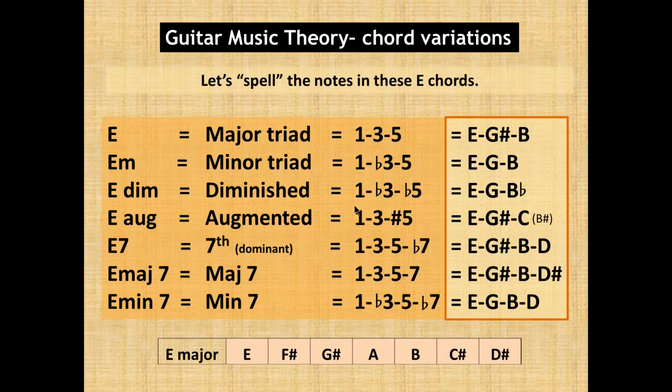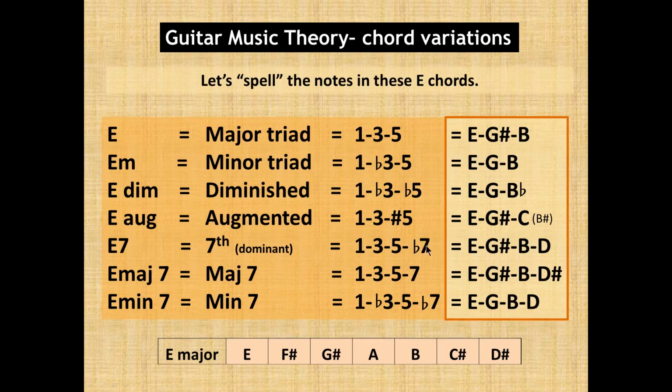So I'm going to skip down to E7 and illustrate that one. In the case of sevenths, you're now adding the seventh note in the scale, or some form of the seventh note. So in the dominant seven, the formula is the 1, 3, 5, just like the major. But what you do is you add the flatted seventh.